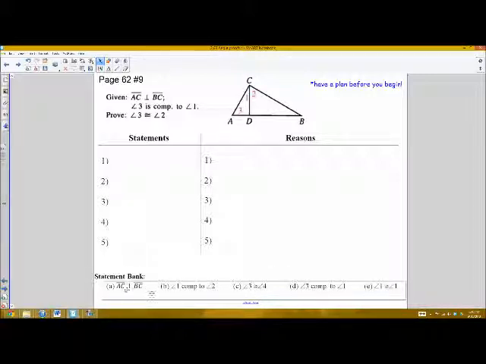I'd like you to properly arrange these statements in a valid order and then justify why each of those statements would be true. Remember, before you ever begin a proof, you should always have a plan of action, so analyze the given information and label your diagram before you organize your ideas. Pause this video and do that now.